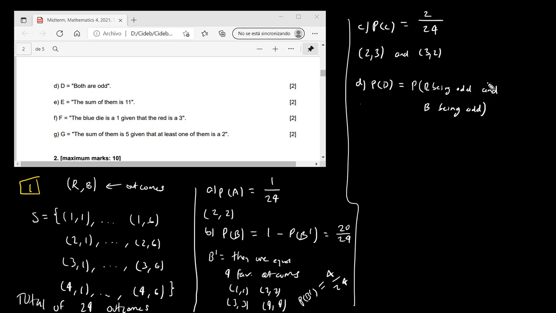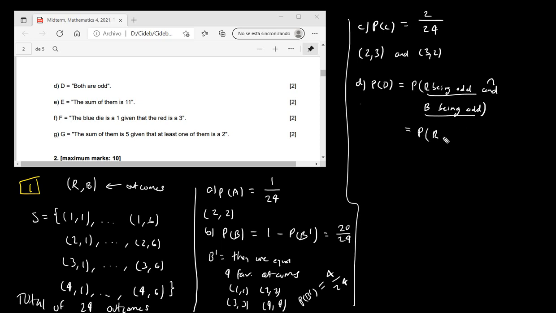Remember that the "and" means intersection of this event and this other event. Now realize that the events are completely independent. Whether the red is odd has no impact on whether the blue is odd or not. Therefore, these two events are independent, and I can apply the formula. This will be the multiplication of this probability and this other probability.